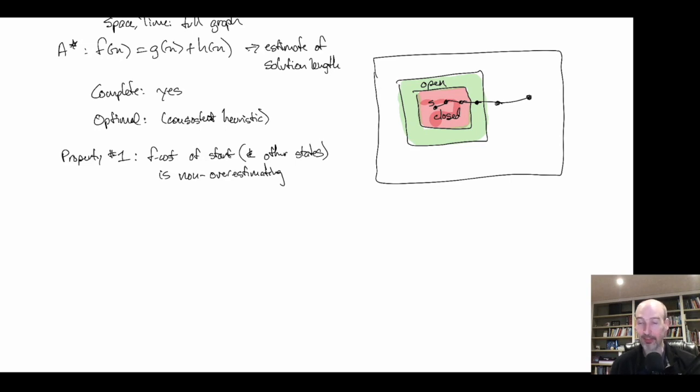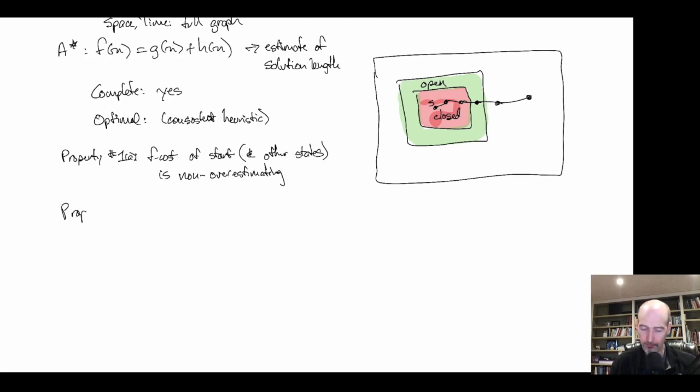If we think about the start, the F cost is just the heuristic. The heuristic is non-overestimating, so even here it doesn't have to be consistent, but we know that the start state is going to be non-overestimating. That's a baseline condition that we need, and I'll call that 1A.